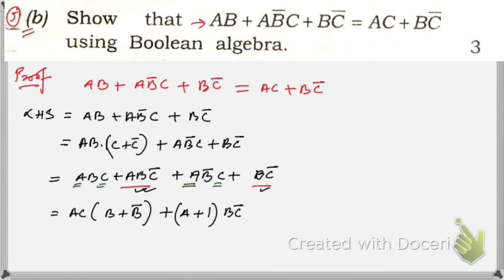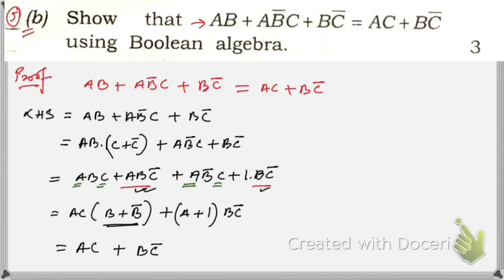Now, B plus B complement is going to be 1, so here we have AC, then A plus 1, that's going to be 1. This is a property of Boolean algebra.